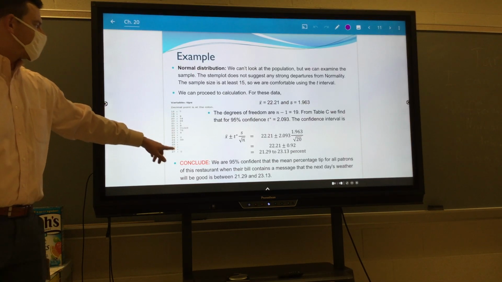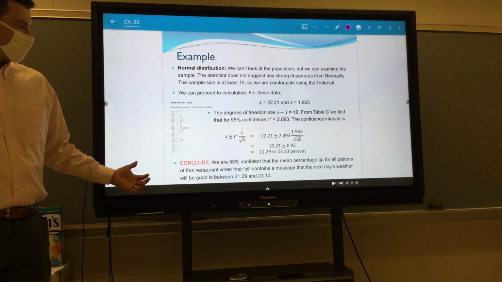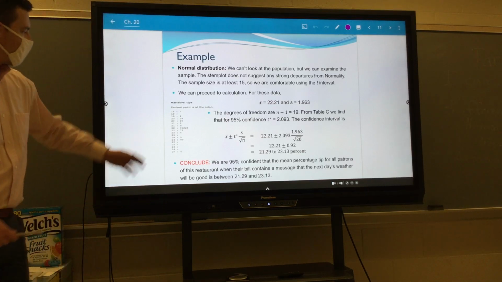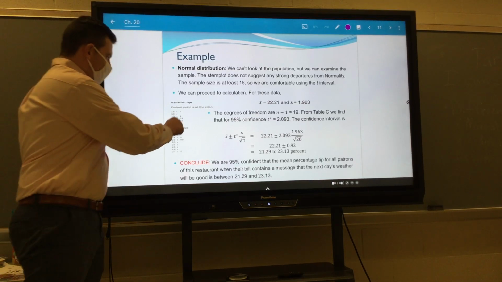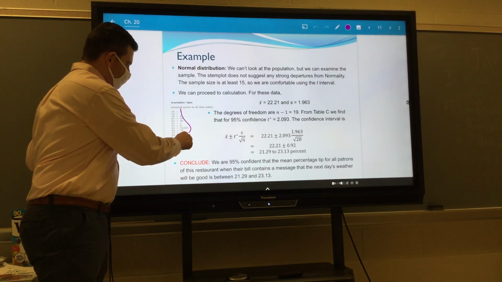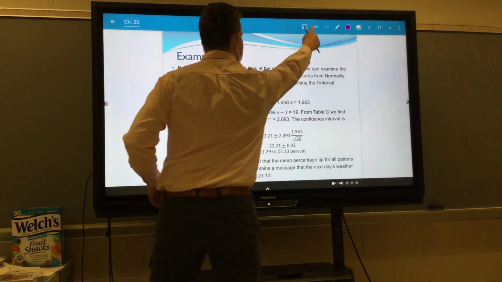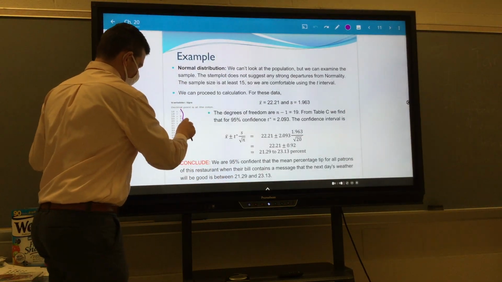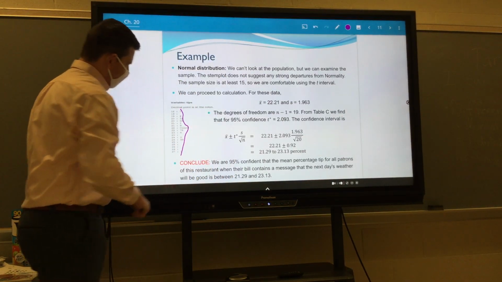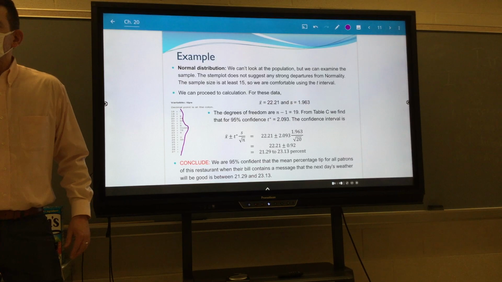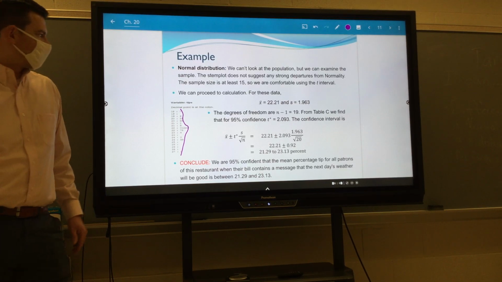Okay? We see a stem and leaf plot right here. And by visualizing this stem plot, we can see a single peak right there. There's a single peak. I mean, it's far from being a perfect normal curve.